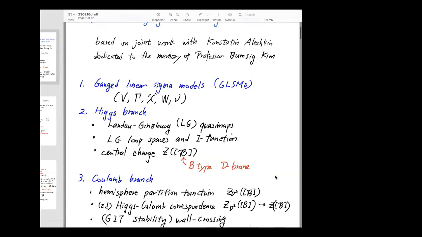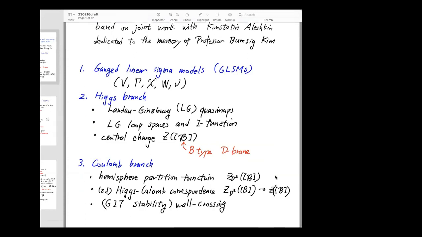And the third part, the Coulomb branch, we will introduce the hemisphere partition function following Romão. By Higgs-Coulomb correspondence, we mean the hemisphere partition function in the Coulomb branch is related to the central charge in the Higgs branch. And finally, we will discuss GIT stability wall crossing.